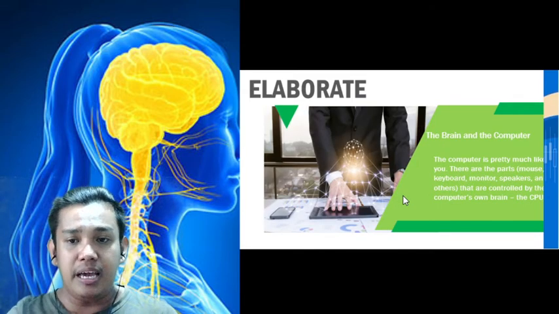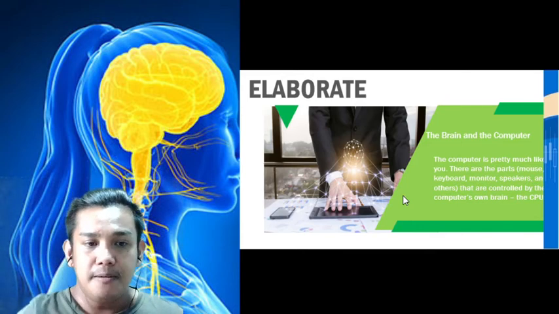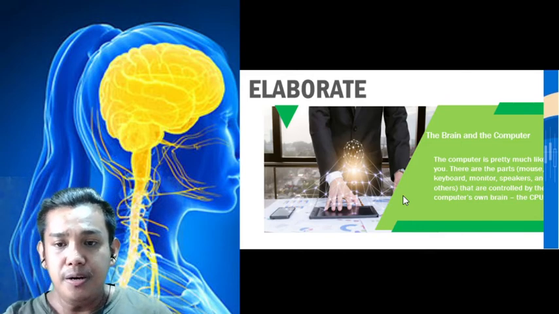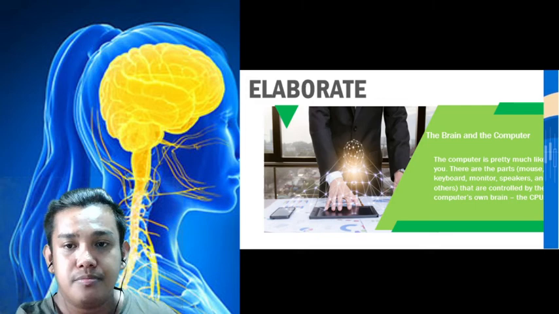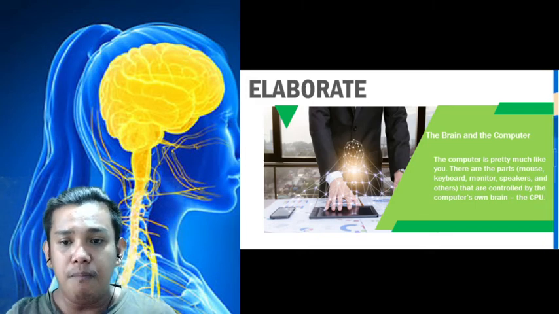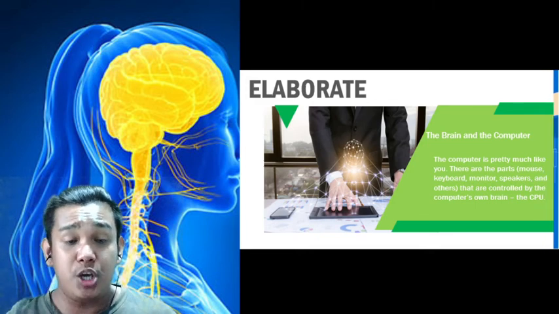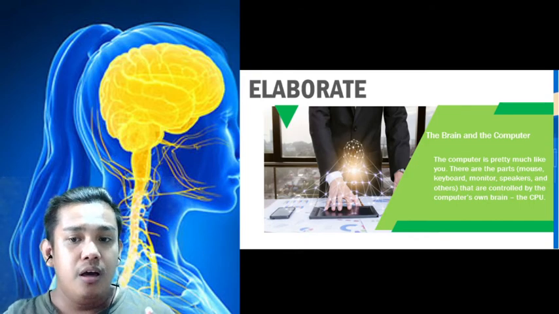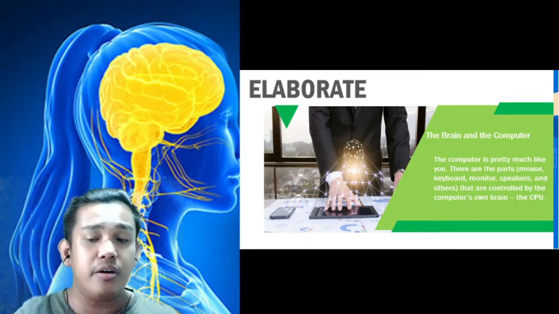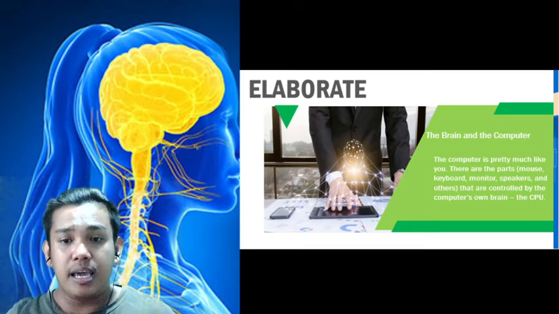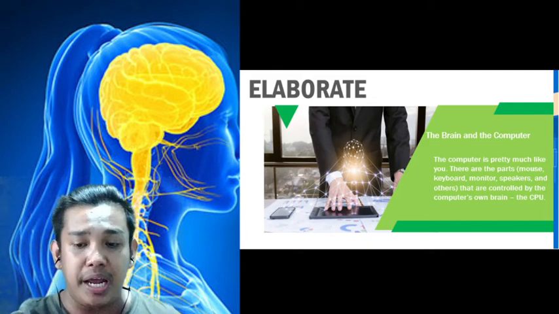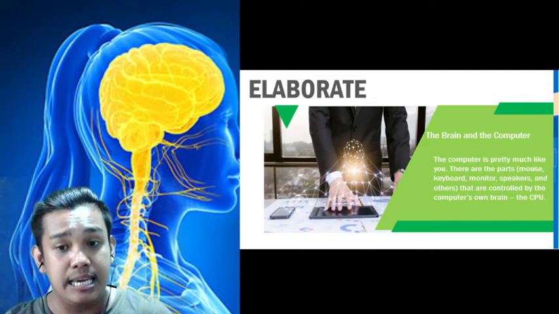So the brain and the computer. The computer is pretty much like you. There are the port, mouse, keyboard, monitor, speakers, and others that are controlled by the computer's own brain, which is the CPU.